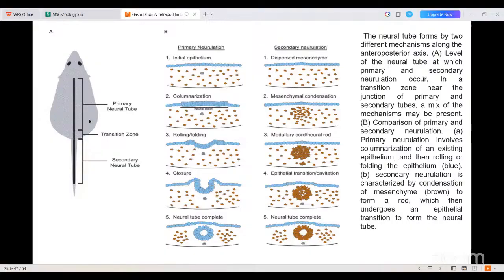In secondary neurulation, the closing at the tail region occurs. So closing of the neural tube at the primary region is primary neurulation, and closing of the spinal cord at the tail region is secondary neurulation.